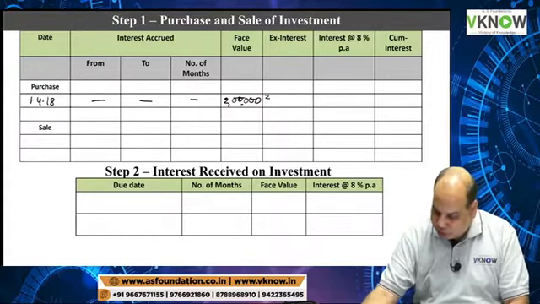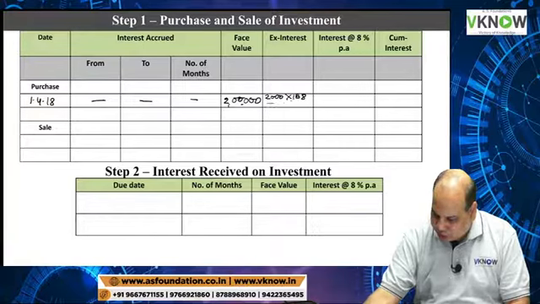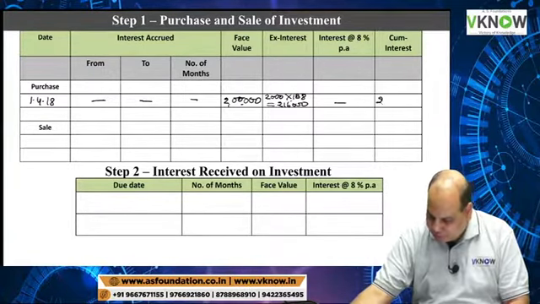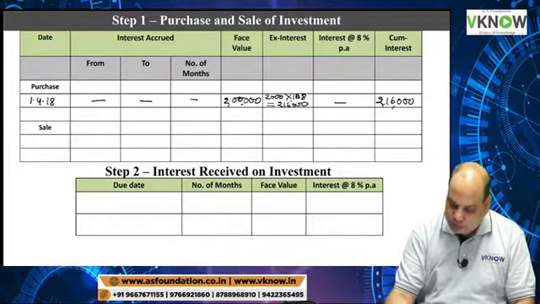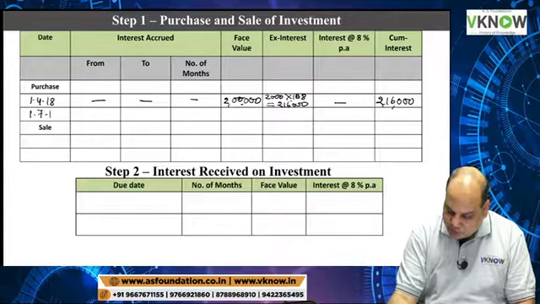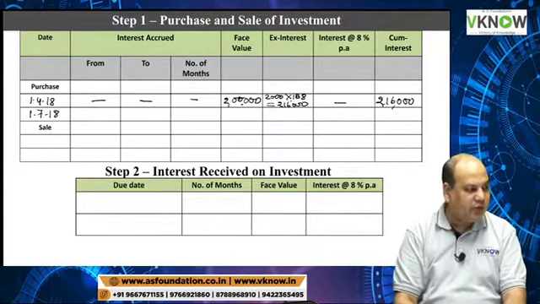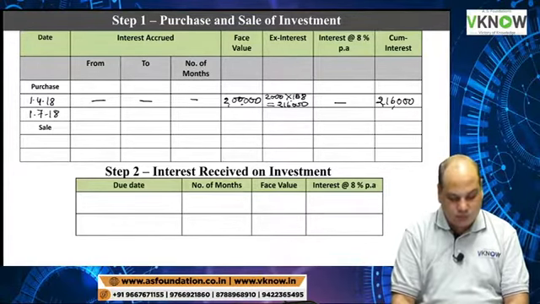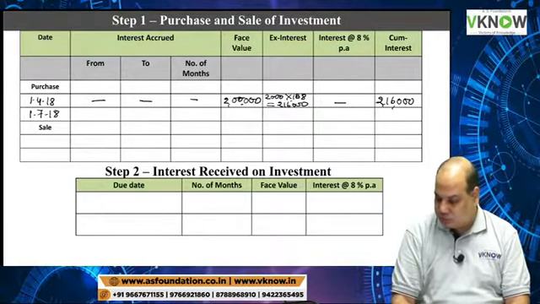So you will write here 2000 into 108, 2,16,000. One more purchase was made on 1718.